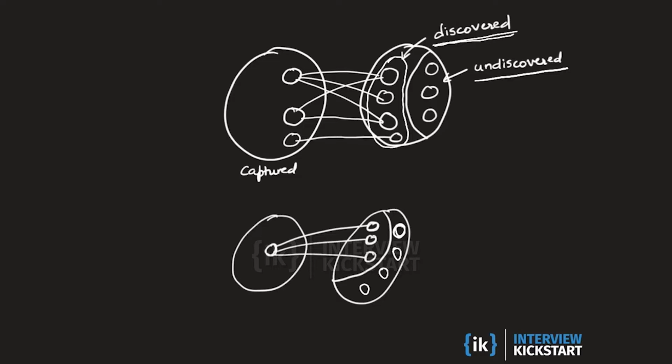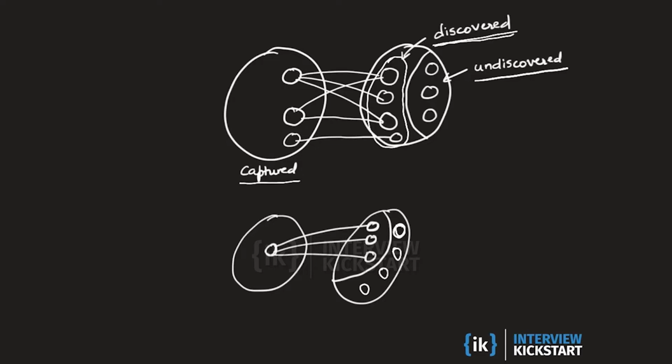But at some point their turn comes to be popped out of that data structure and to be dragged to the left into this captured set on the left hand side, and that is the point when that vertex attains its final position in this captured array, and that's when we look at all its neighbors in its adjacency list, and if we find some neighbors that have not yet been discovered, we mark them as discovered and we add them to that data structure.